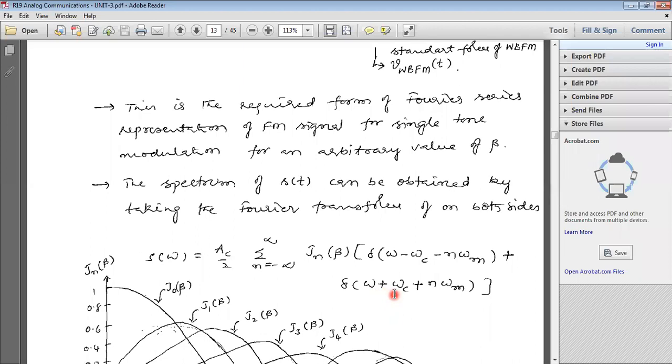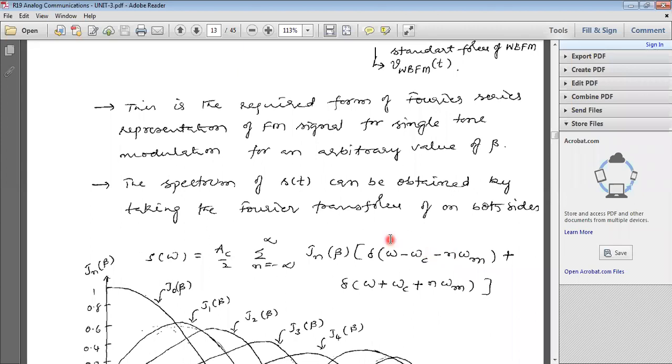It becomes omega plus omega c plus n omega m, and the other frequency term is omega minus omega c minus n omega m. That is the upper sideband and lower sideband.